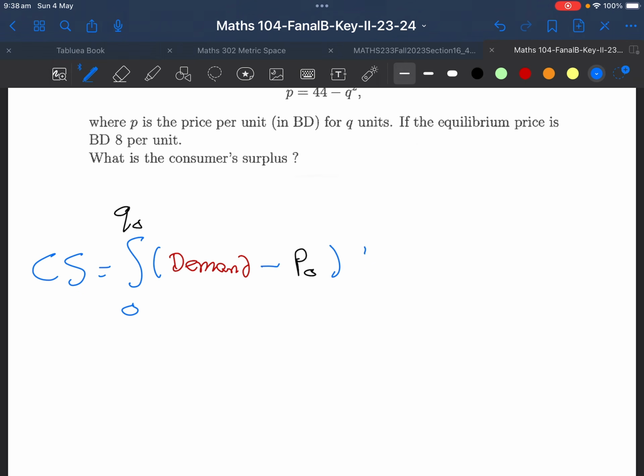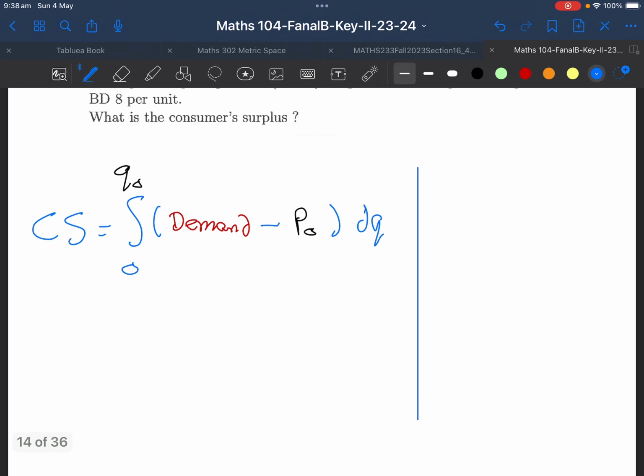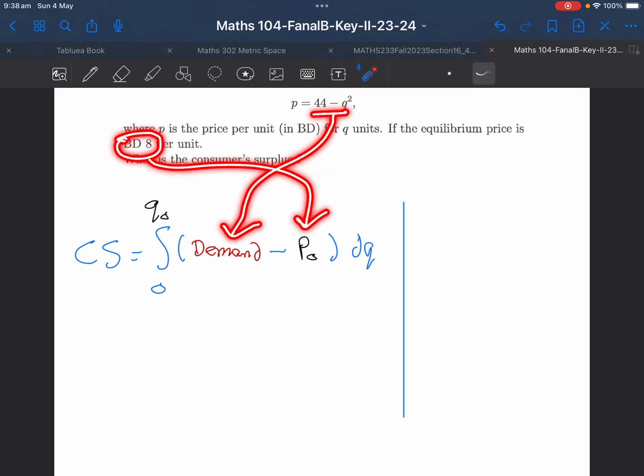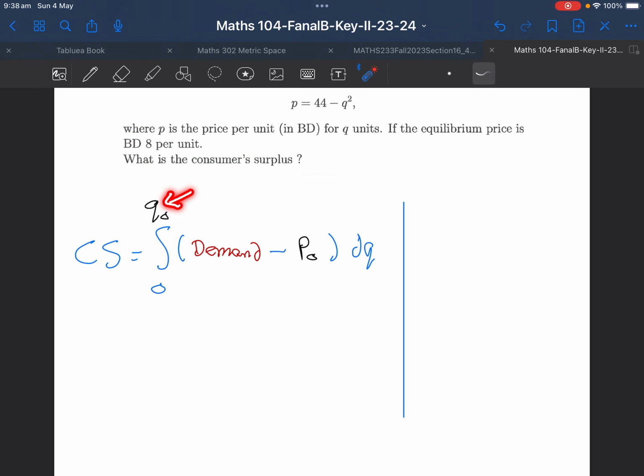So this is the formula that we have here. As you can see in the question, I have the demand function, so I'll substitute it here. I have the equilibrium price, I'll substitute it here. The only thing you need to find is the equilibrium quantity. So just let me prepare everything and then I will find the equilibrium quantity.